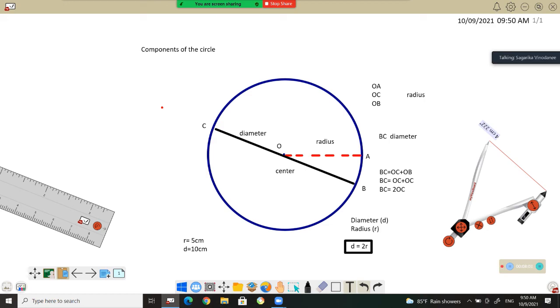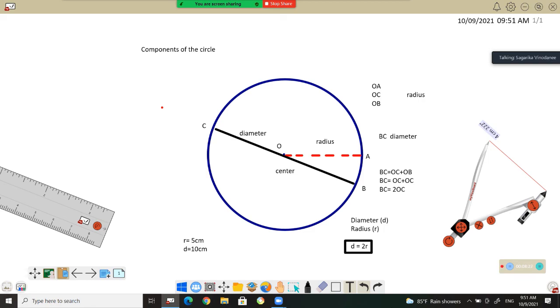So what do you mean by the radius? Radius means the length between the center and the circle. Diameter means the line drawn between 2 points on the circle going through the center. That should be going through the center.